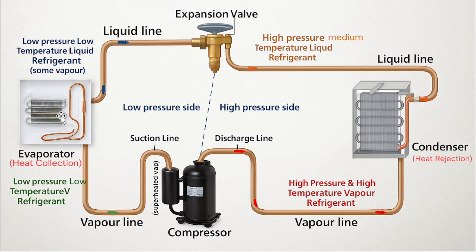Since the refrigerant boils at a very low temperature like negative 22 to negative 25 degrees Celsius, and boiling needs heat, one more science concept is required. What is boiling? When the liquid starts boiling, it needs heat.